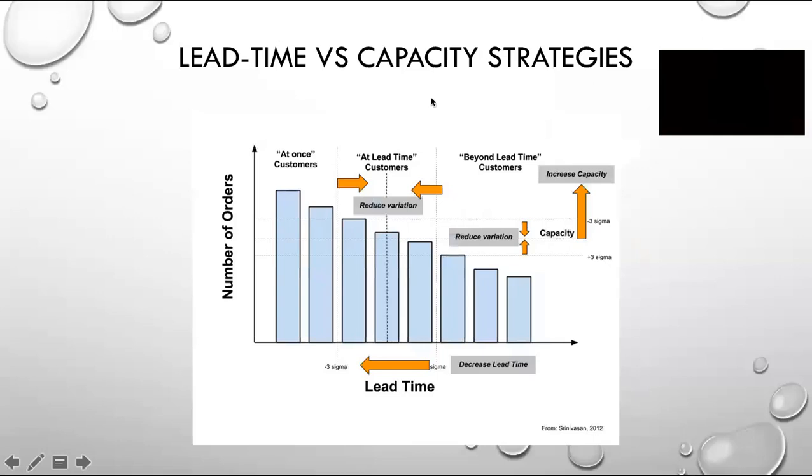This doesn't deal with inventory, but this is very similar to inventory if you were doing a push system. Or you can increase your capacity, which moves your capacity line up, which makes more of these blocks underneath your capacity.